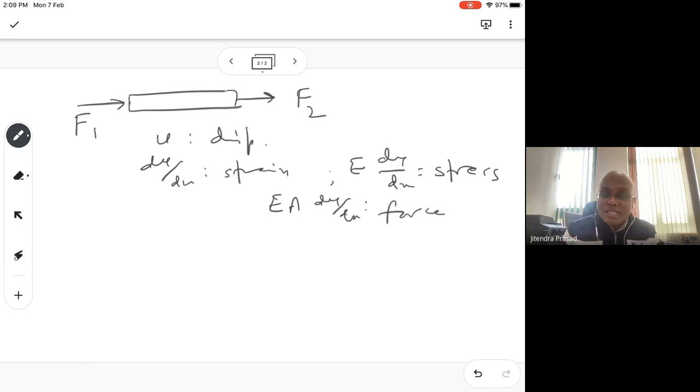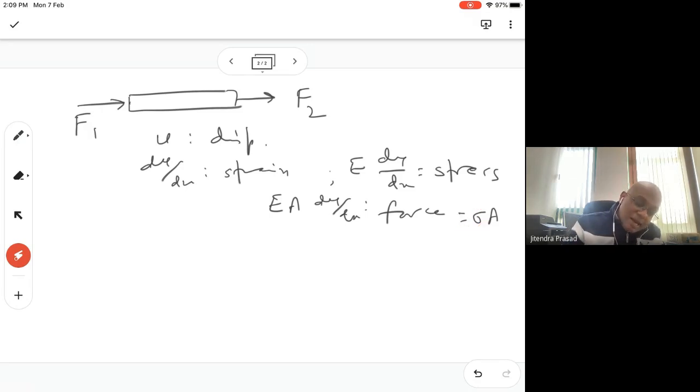But in which direction? Remember that force is nothing but sigma times A. So remember, sigma is important. Now, if you have some force applied this way, that tells you this is a tensile force which we applied, right?